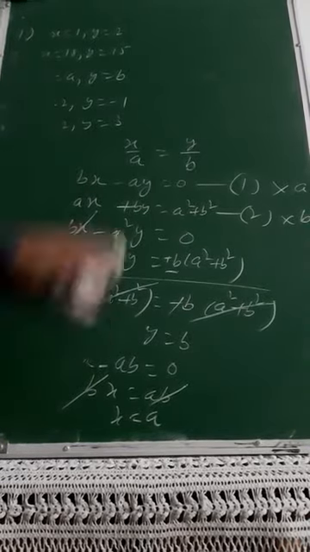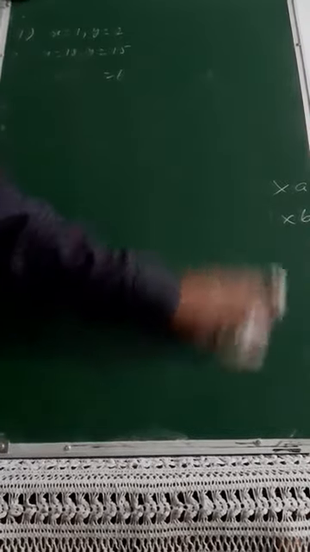So for today, the remaining discussion, before starting your exercise 3.5, one query was there by someone. Sir, in exercise 3.4, do we need to apply both the methods to get the solution of these sums? You are free. I said you are free. If the question is not conditional, you can go for any one.